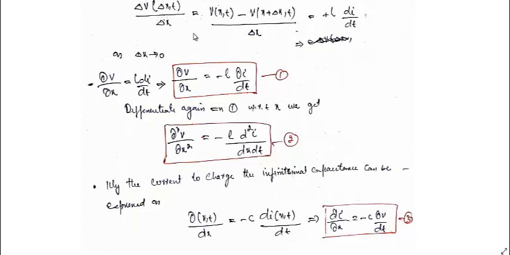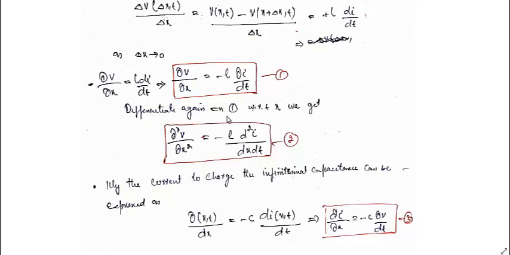And one more thing that you need to understand here: it will be minus dv by dx, because usually dv by dx is equal to v of x plus delta x minus v of x divided by delta x. But here it is the other way around. First it is v of x and then v of x plus delta x. So it will be minus dv by dx equal to L di by dt, or del v by del x, to be precise, will be equal to minus L del i by del t. This is, let us say, equation 1.